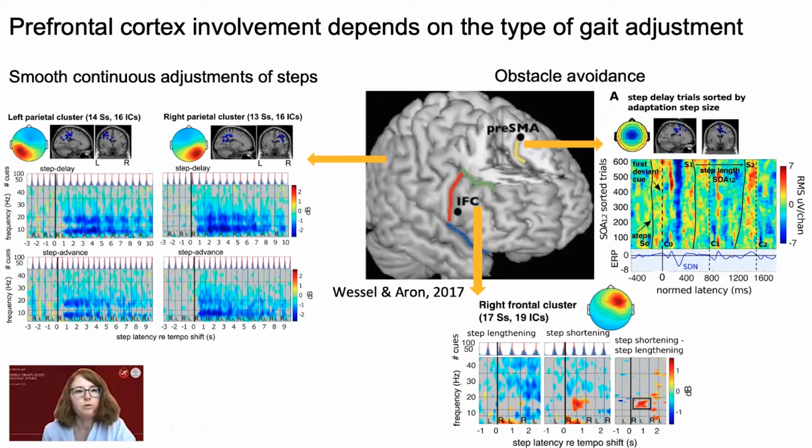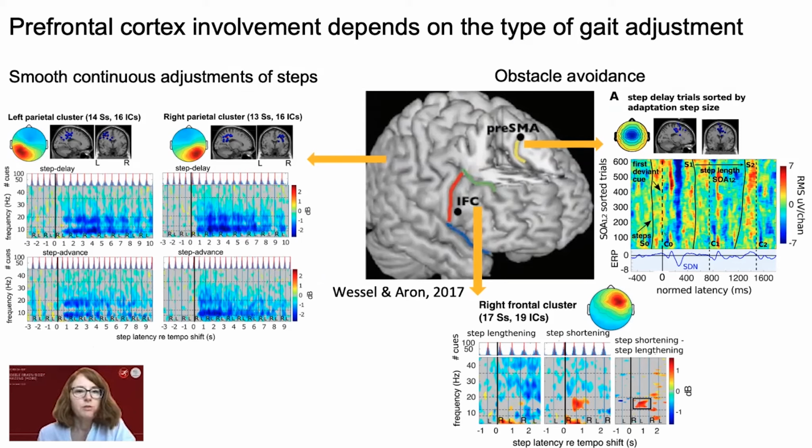But the prefrontal cortex involvement in gait adaptation probably depends on the type of gait adjustment. On the one hand, we found those long-lasting decreases in mu and beta power in the parietal cortex, which probably are responsible for smooth, continuous adjustments of steps.